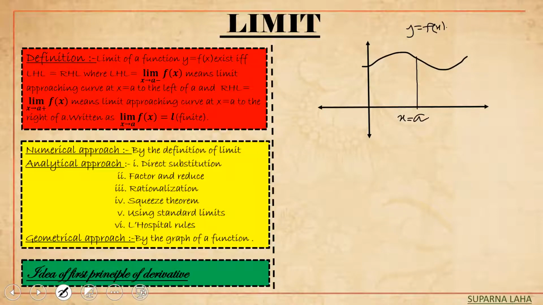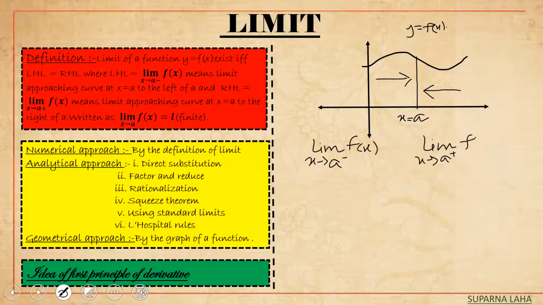So what I have to do, I have to check the approach of y from the right hand side and approach of y from the left hand side. That is left hand limit x tends to a minus f of x, and limit x tends to a plus f of x. Here is the right hand limit and the left hand limit.